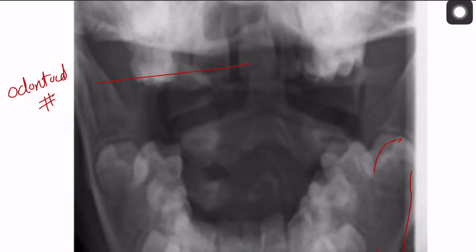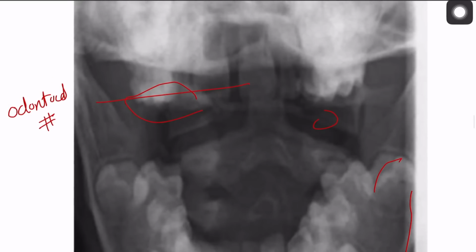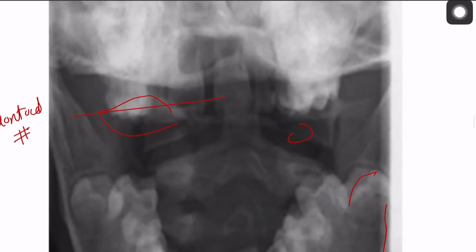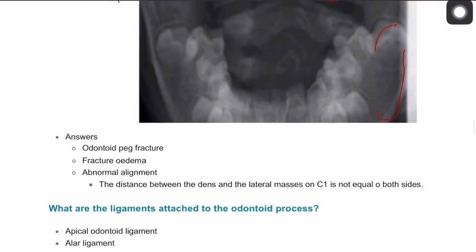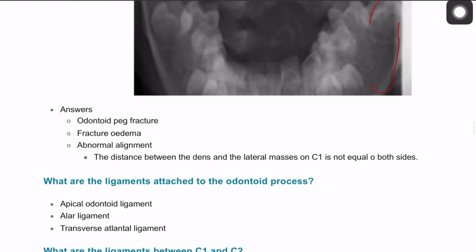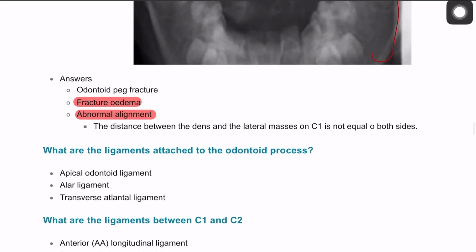If you see here, soft tissue swelling all the way around. So there is reactive soft tissue swelling around it. And malalignment, if you see the distance between the dens and the lateral mass in here is different from the other one, there's also malalignment. So odontoid peg fracture, and there is fracture edema and abnormal alignment as well.